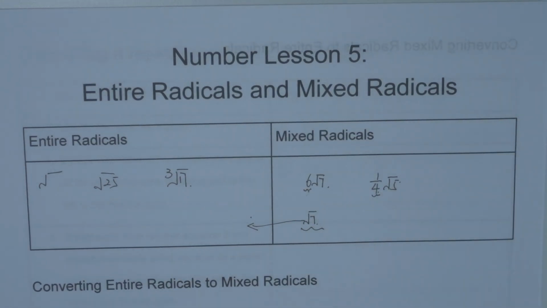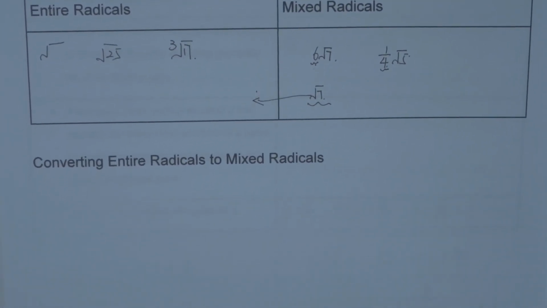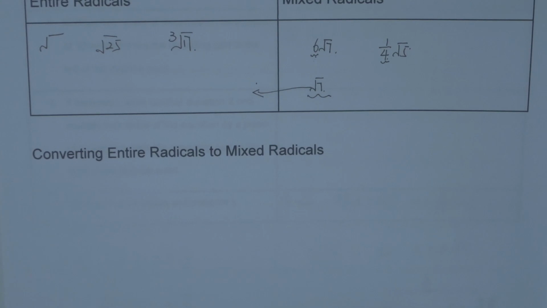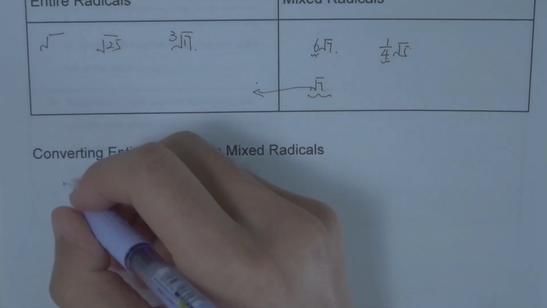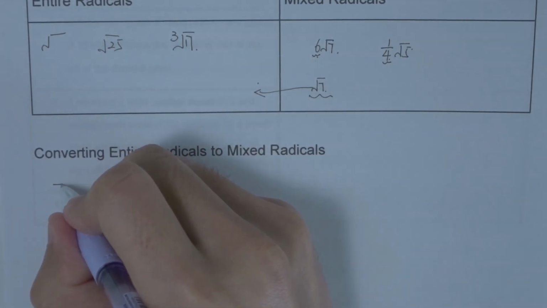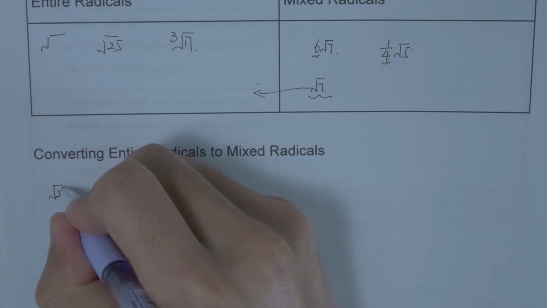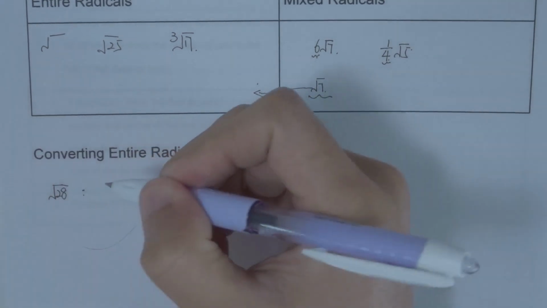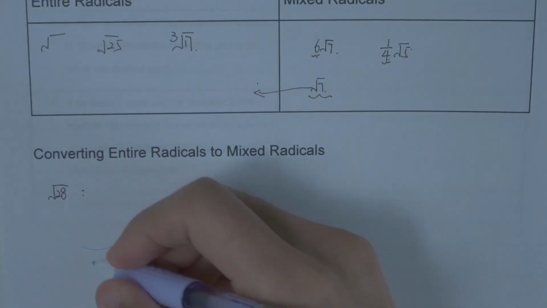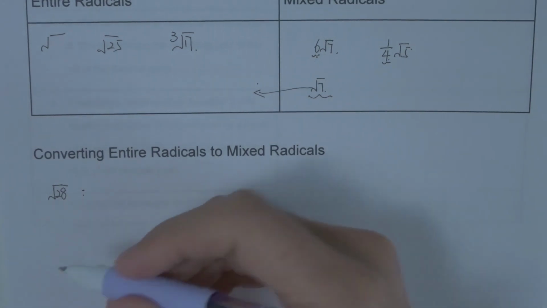Okay, and now let's move to converting an entire radical to a mixed radical. Let's see an example, square root 28. First we need to find the factors of 28.